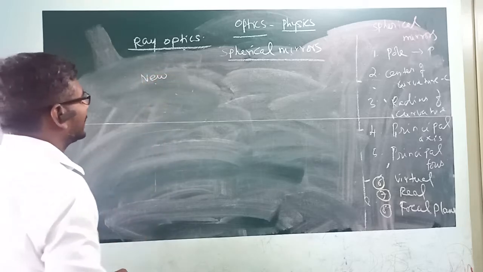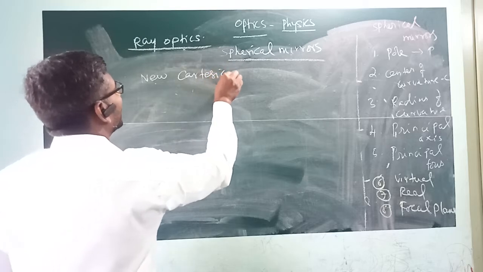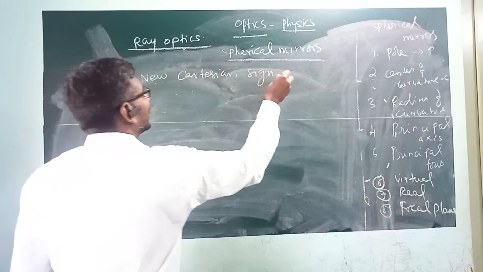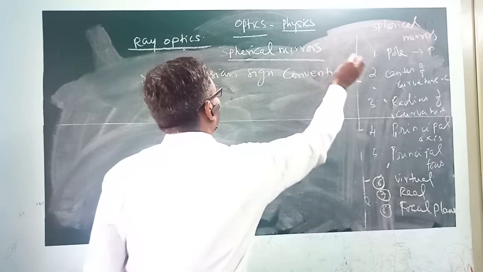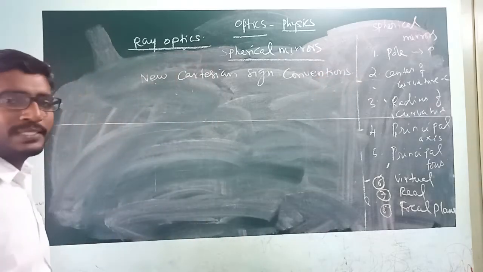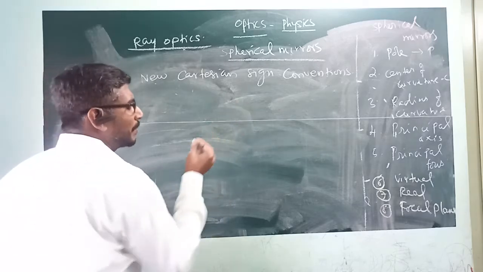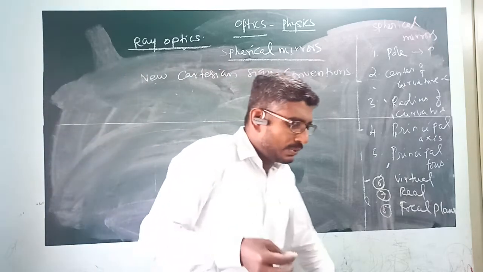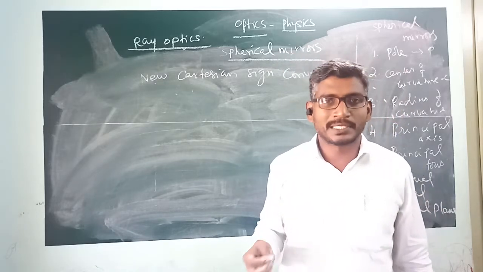New Cartesian sign conventions. What are these new Cartesian sign conventions? This is one of the essential breakthroughs that you should keep in mind when you are going to solve sums.